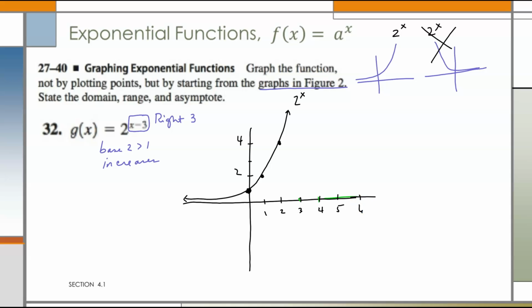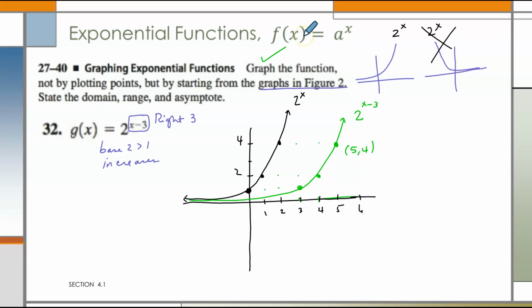We're going to take our graph and move it right 3. 1, 2, right 3. So if we needed to, we could call this 5, 4. We took our graph and moved it right 3 units. Here would be our graph, 2 to the x minus 3.